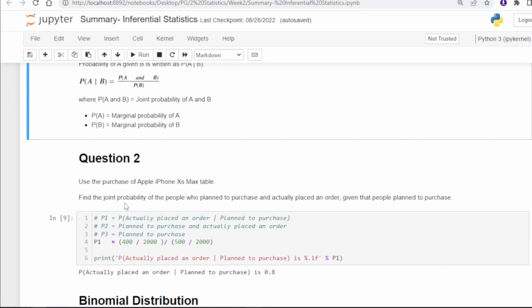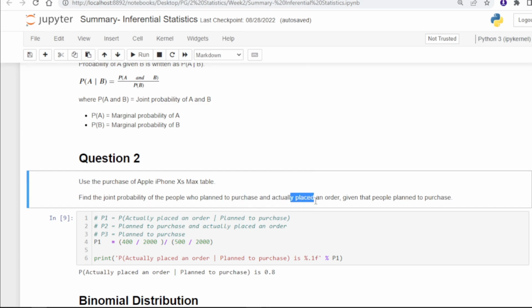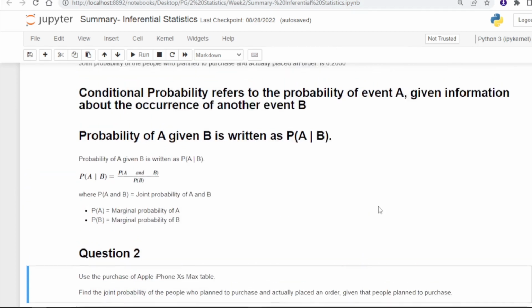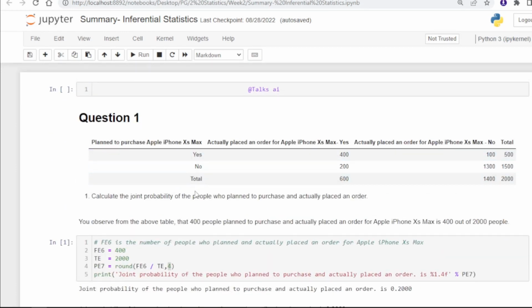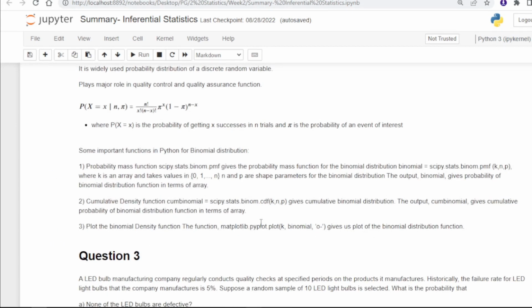Now it is asking to find the probability of the people who actually placed an order, given that people plan to purchase. That means they plan to purchase and actually placed an order, but here we have the additional statement: given that people plan to purchase. Only if they plan to purchase, then they purchase the order.